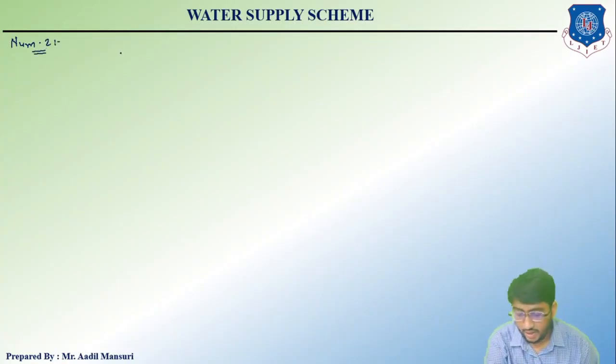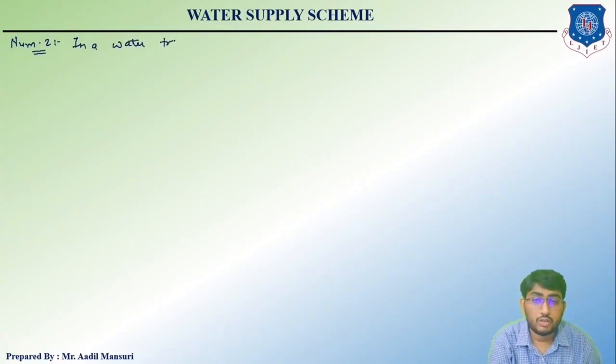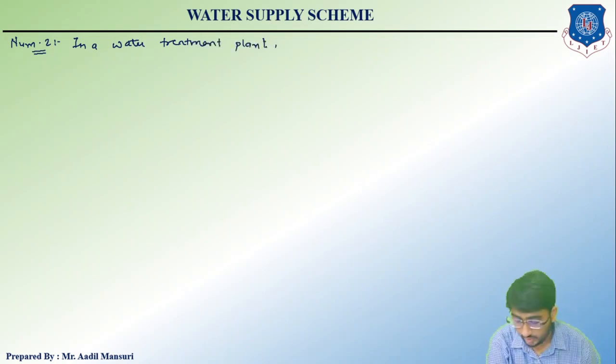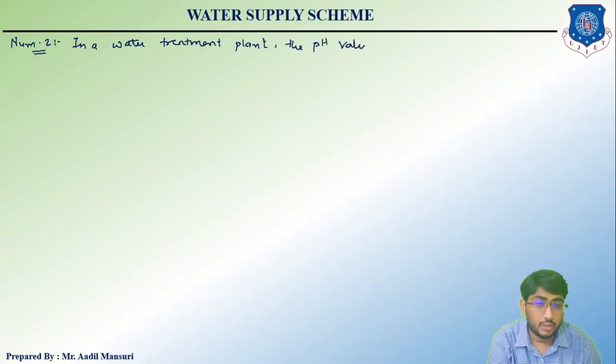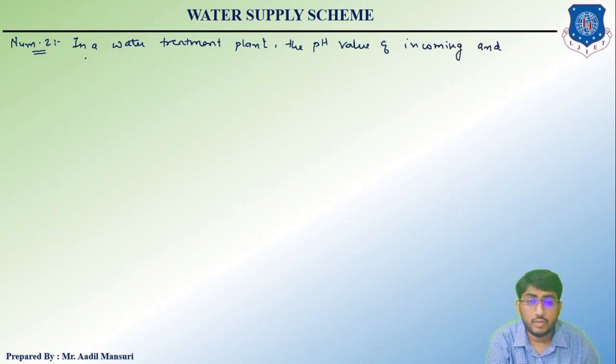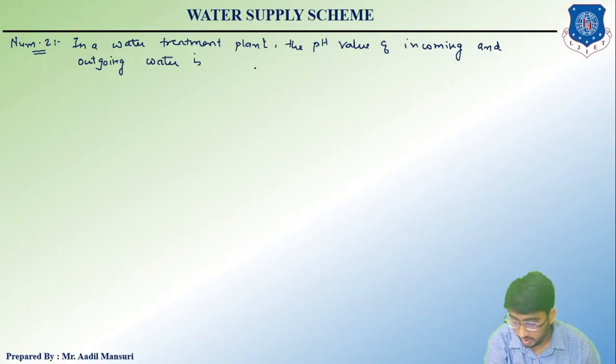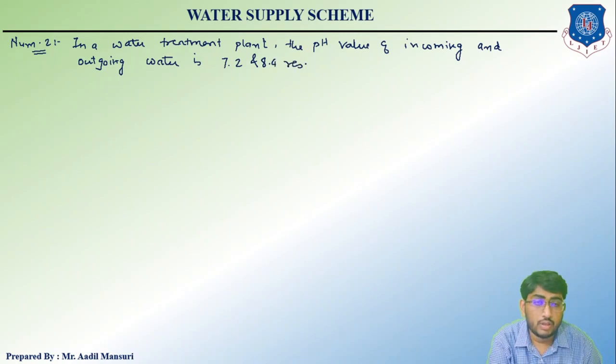The data says: in a water treatment plant, the pH value of incoming and outgoing water is 7.2 and 8.4 respectively.